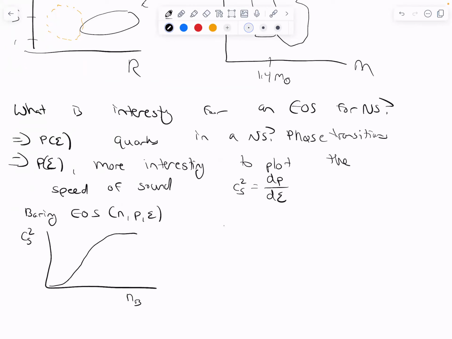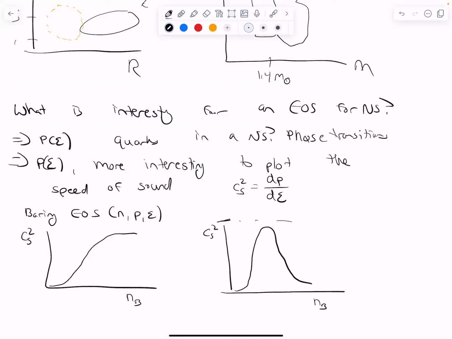But if I had something where I had quarks at the very core of a neutron star, I could get some pretty interesting features. I might get a very large bump in my speed of sound, to the point that it might be getting up to, this is basically the causal limit.